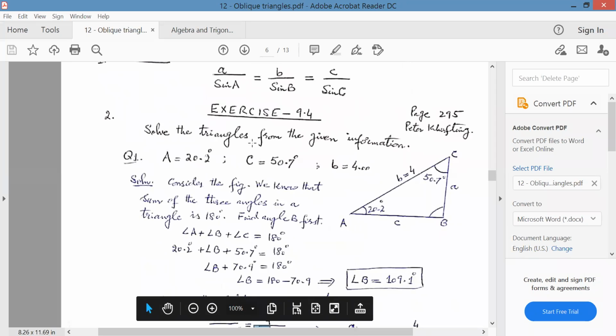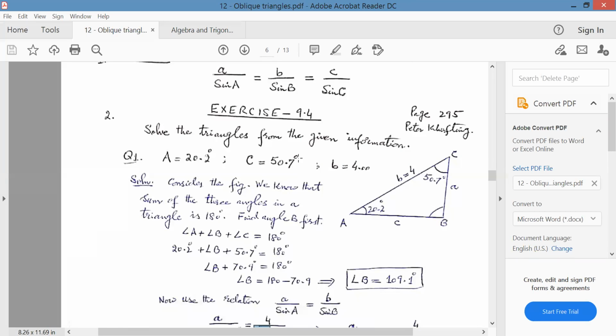Angle A has been given to you, 20.2 degrees. Angle C has been given to you, 50.7 degrees. Degree is showing that this is an angle, okay? And small b means the side b is given as 4. It is a value. The length of the side b is 4.